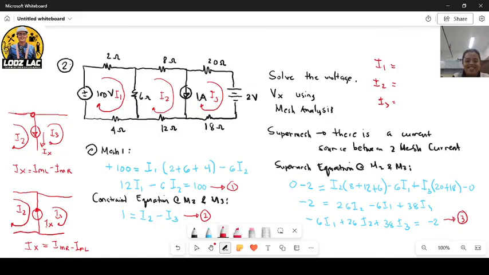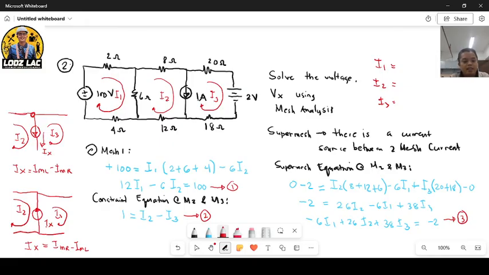Okay. Solving for the unknown parameters to equation 2. So, 12, negative 6, 0, 100. 0, 1, negative 1, 1. Tapos negative 6, 26, and 38.